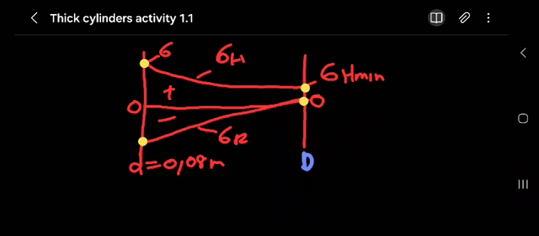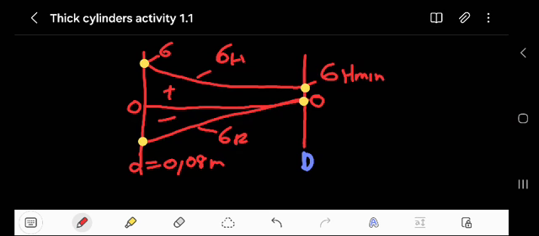So we're given this maximum to be 32 megapascal. This is simply our maximum hoop stress. We're also given the minimum, the radial stress.